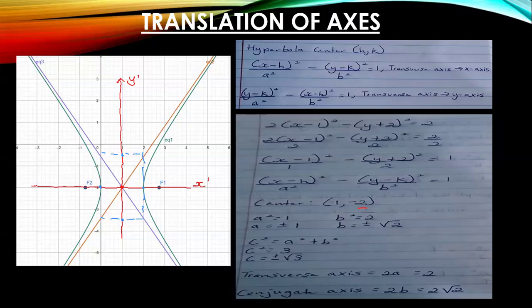So to actually find your c value, that would be from the center to the foci, as mentioned earlier. To find the foci, it's going to be c squared equals a squared plus b squared, and we substitute. We know a is 1 and b is root 2.